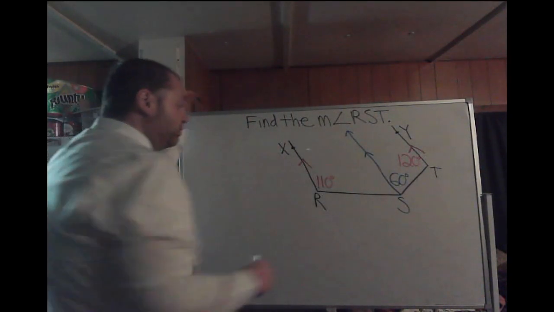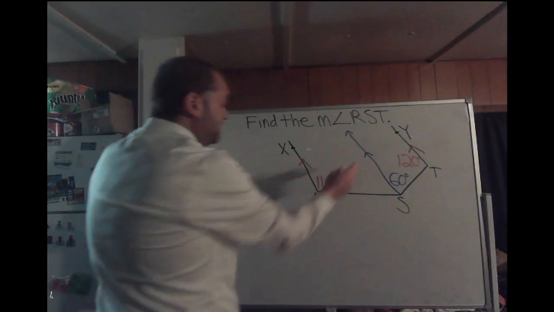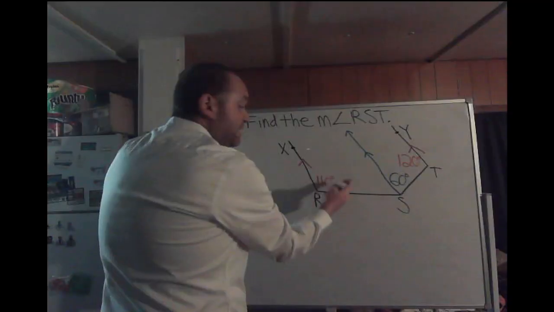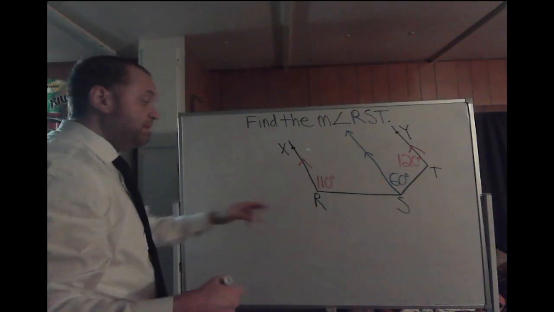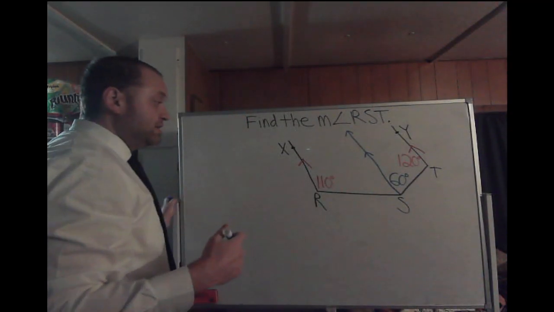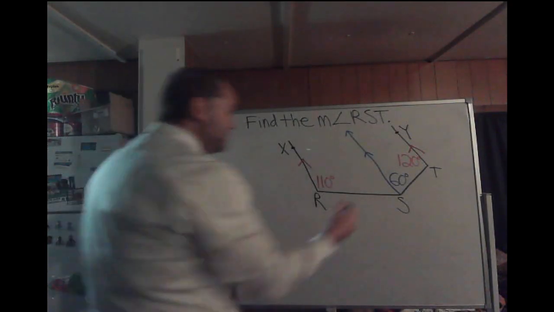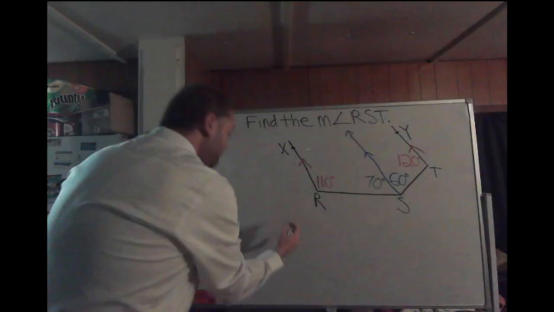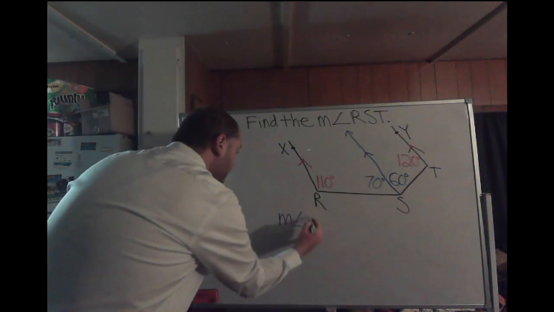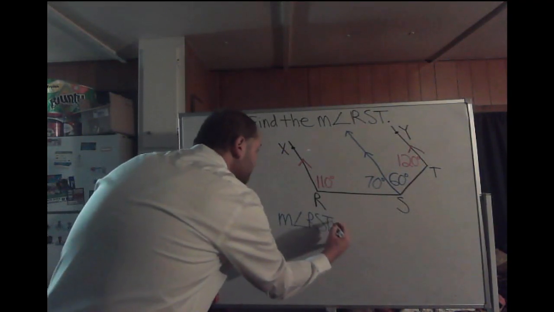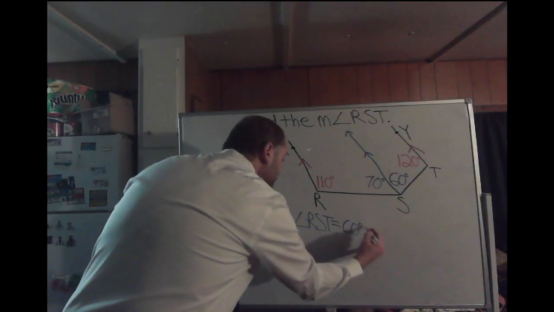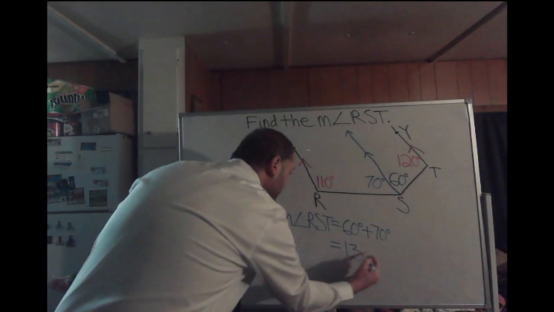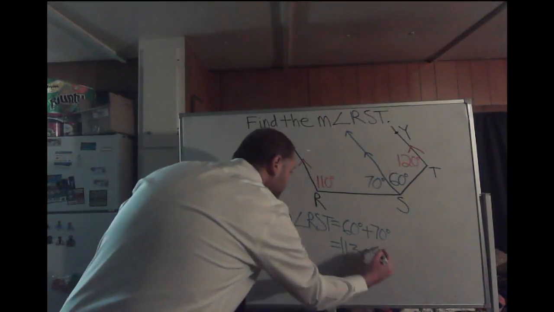Next thing, we know XR is parallel to this line from S, which would mean this angle right here would be same side interior to 110, meaning that's also supplementary. So subtract 110 from 180, you get this angle being 70 degrees. So 60 plus 70, the measure of angle RST is going to equal 60 degrees plus 70 degrees, which could only mean that this angle is equal to 130 degrees.